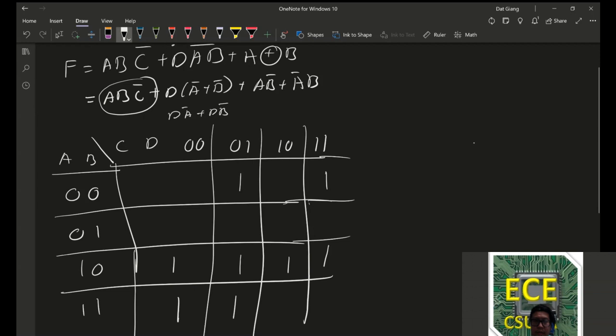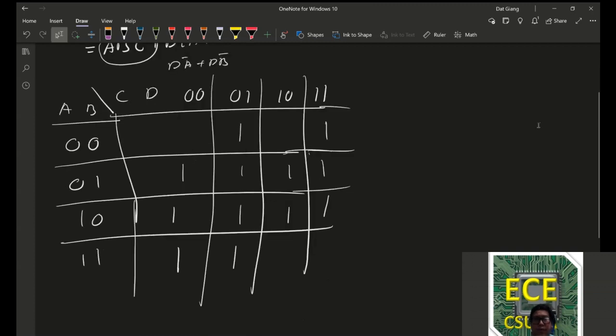Every time A is 0 and B is 1, then we are able to find it. And it turns out that this entire row is true. So now we're able to see that the other ones are all zeros, and we're then able to simplify.